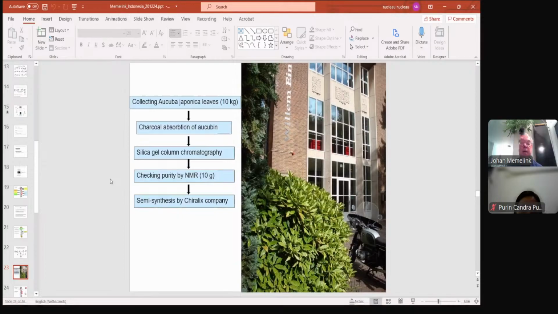My PhD student obtained exactly 10 grams of pure alcubin, and the purity was determined by NMR. So this is what we gave to this chemical company, Chiralix, and they used it to synthesize our 5 compounds.